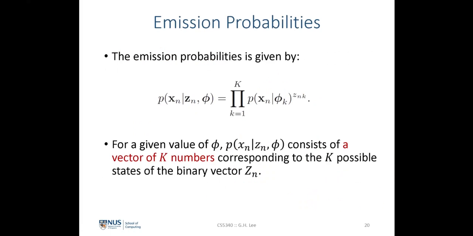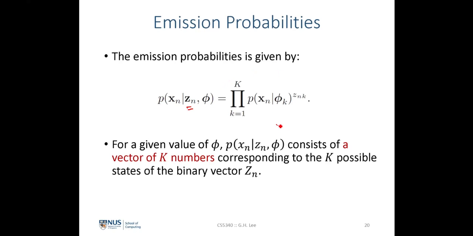And hence the emission probability can be formally written by this function over here, where we are going to take the product over k terms, since we have k sets of this random variable, depending on what state zn is going to take. As I have mentioned earlier, for each state that zn is going to take, we take that corresponding phi in the set as our underlying probability distribution.